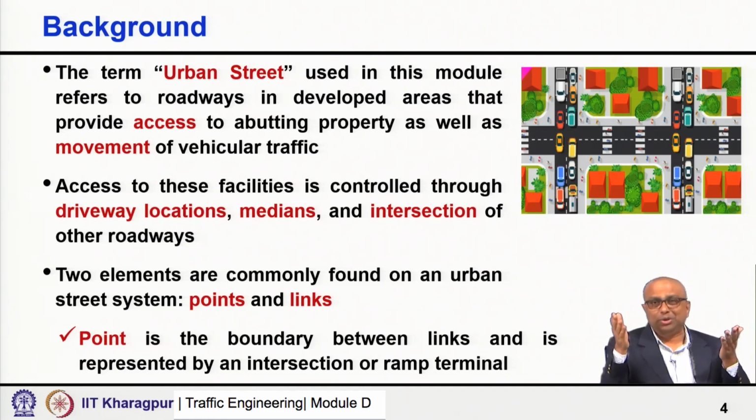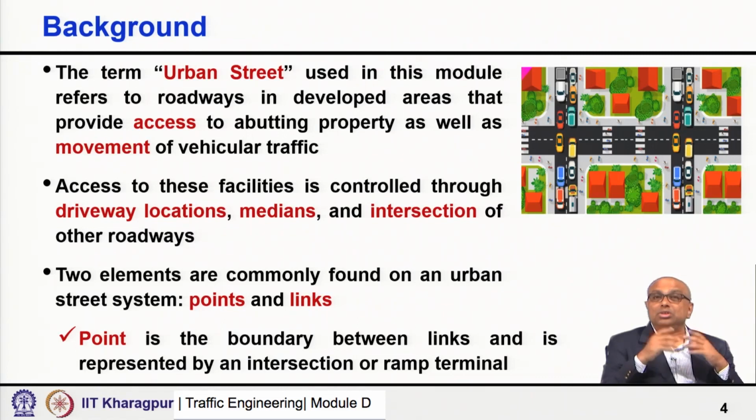Access is important because an urban area is normally densely developed, and also to provide mobility to vehicular traffic. And pedestrians are there, vehicular traffic is there, bicycles will be there, transit will be there. So, different modes of transport, both motorized and non-motorized, are using such facilities.